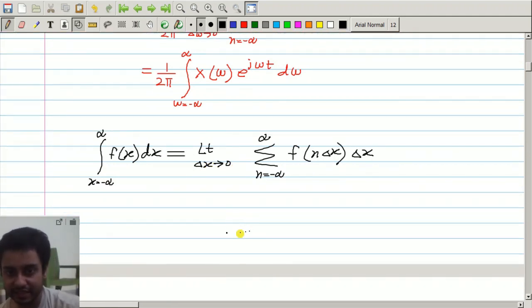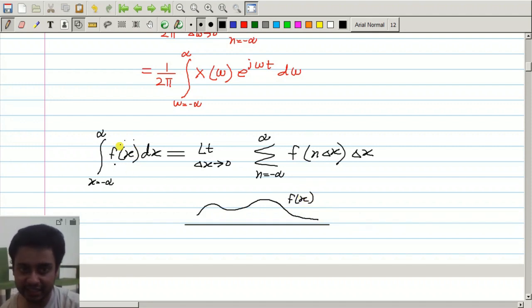This is like, if you have the signal f of x, this integration on the left hand side is nothing but the total area under this curve, that you can calculate by slicing this into small slices or intervals, delta x, and then you calculate the area of each of the slices and you add.